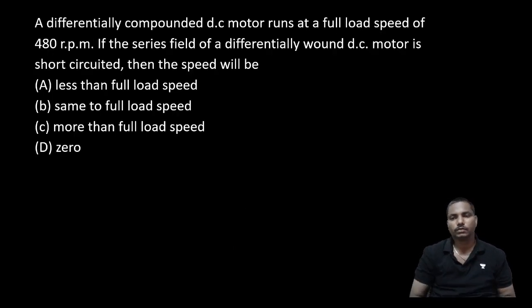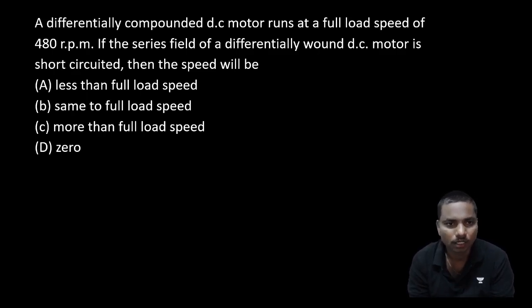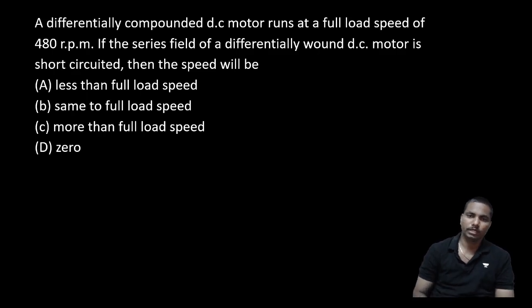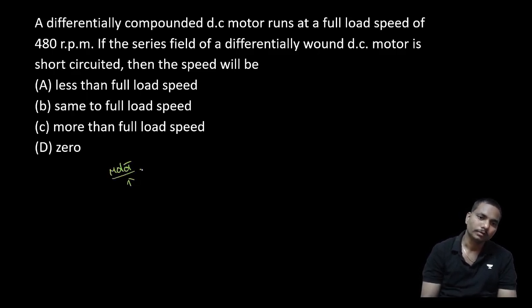Coming to the next one, same type of question. A differentially compounded DC motor runs at full speed of 480 RPM. The series field winding is short circuited. Then what about the speed? Here they are asking about the motor. Differentially compound means the resultant flux is equal to φSH minus φSC. If it is open circuited or short circuited, the series flux will be almost zero.